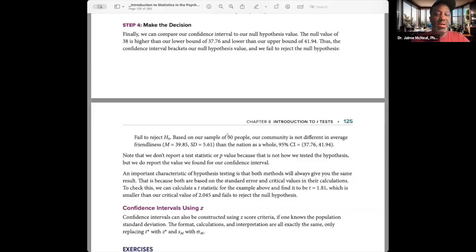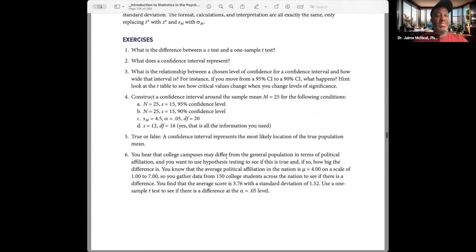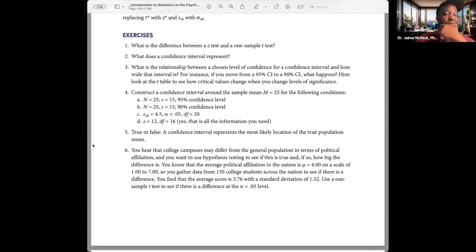What I want to do now, however, is work through the exercise of number 4, because I think this gives you a good idea of how to view a confidence interval from many different facets or many different vantage points.